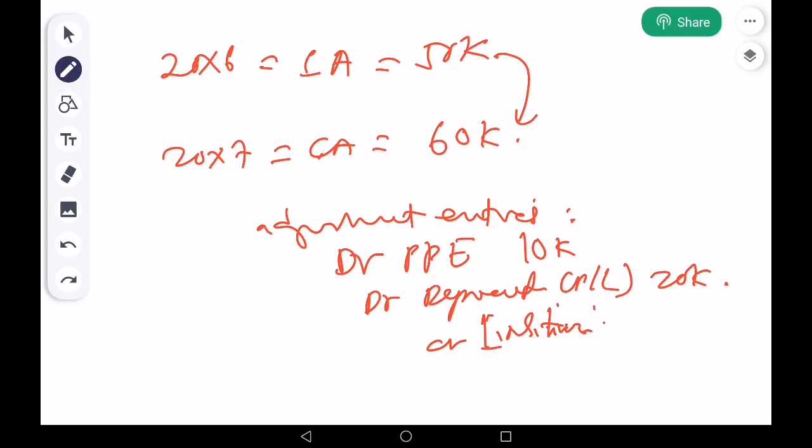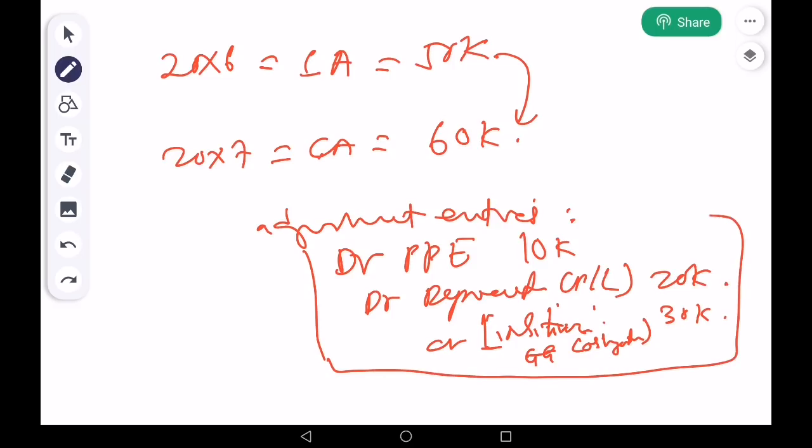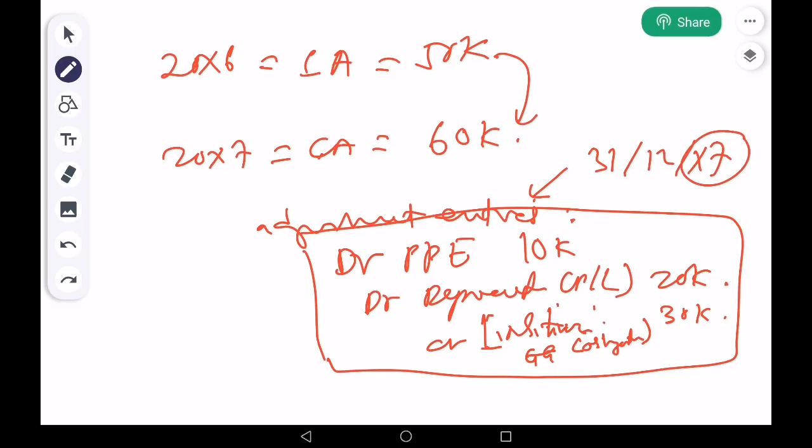Why credit liabilities? Because you have to pay back your 30k to the government. Alright, this is a government grant. It's an obligation to pay back to the government 30k. Okay, so that's why you have an obligation here. So this is the adjustment entries for, when is it, class? 31st in year 2007. So this is a government grant.